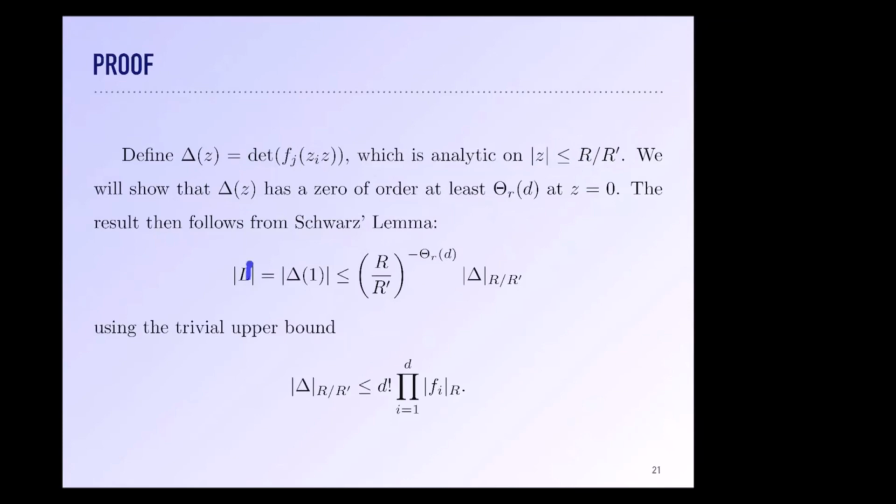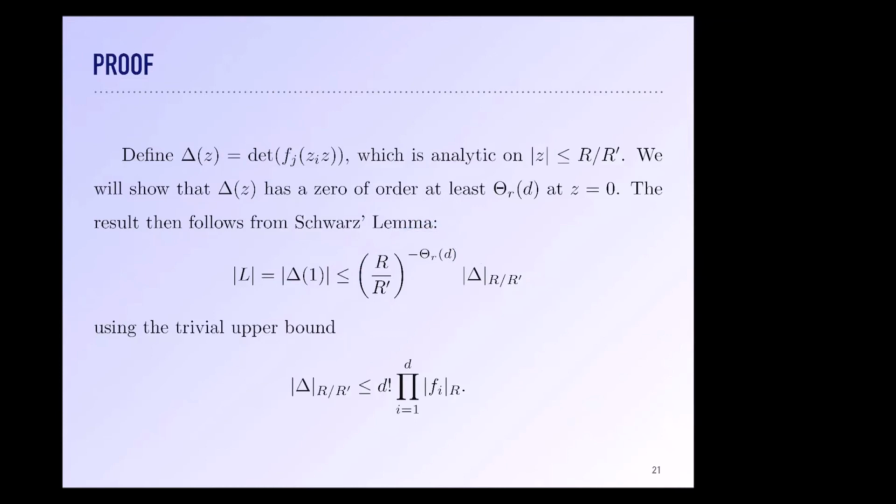As I said, the determinant is delta of 1, and so its absolute value is bounded by r over r prime to the negative of the number of zeros, the order at z equals 0, times the maximum absolute value of this delta on the disk of size r over r prime.